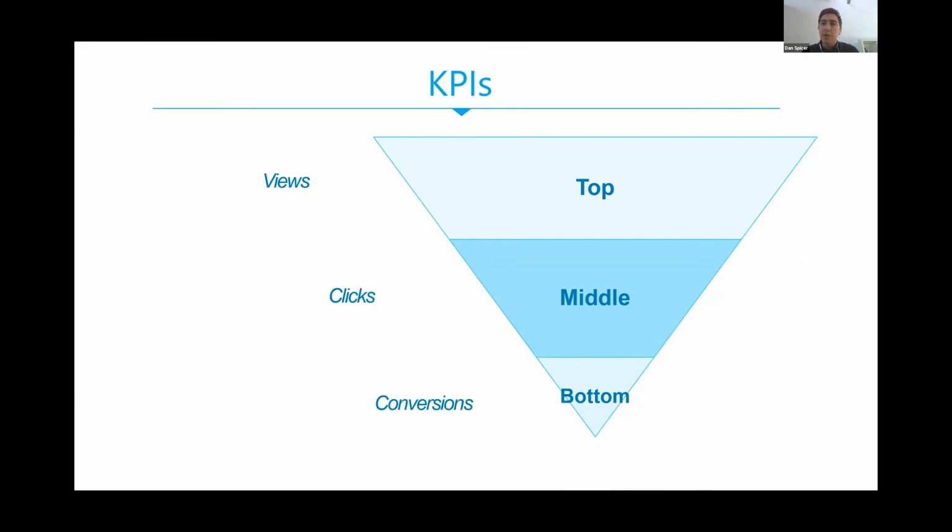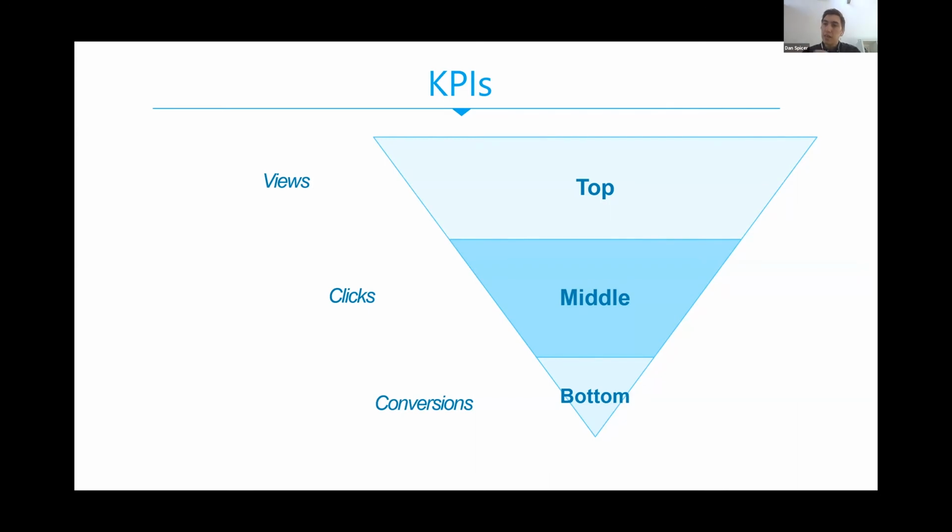So when you're looking at KPIs across the board, if we're thinking about top funnel activity, so growing your brand awareness, this is where views is one of the most important aspects. If you're telling LinkedIn, Facebook, Instagram that I want to put my content in front of these specific people by demographic, by location, by interests, however you want to target them, then you want to drive as many views as possible within your target audience.